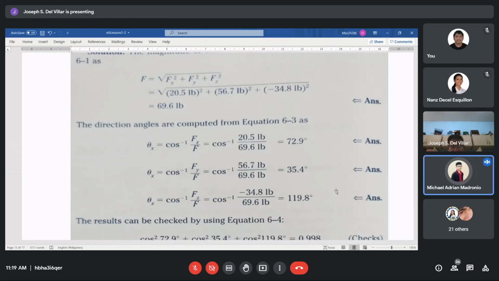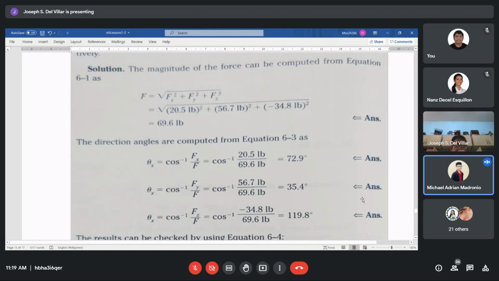Pag ako po, sir, nagsusolve po, kapag nakuha ko po yung component or yung resultant, yung component po ng mga force, like f of x po, ang ginagawa ko po, sir, 3 decimals po ako doon. Tapos yung sa final answer, dapat po 2 decimals po.